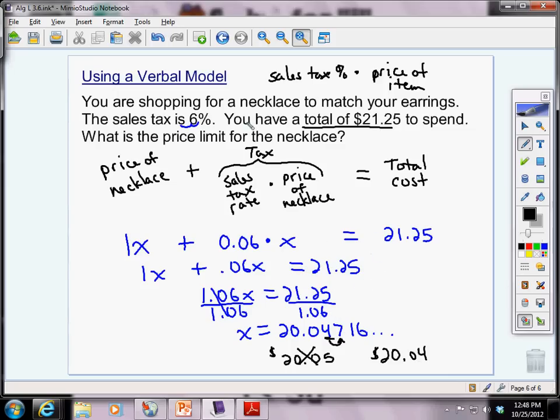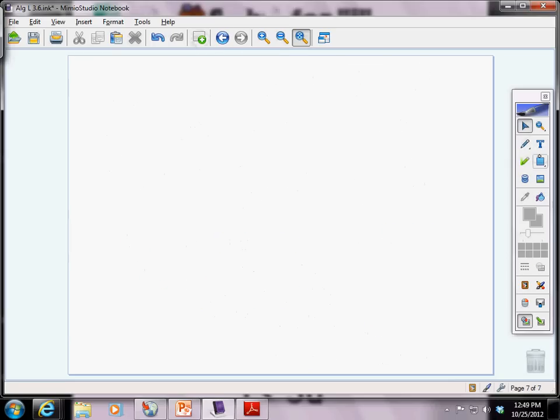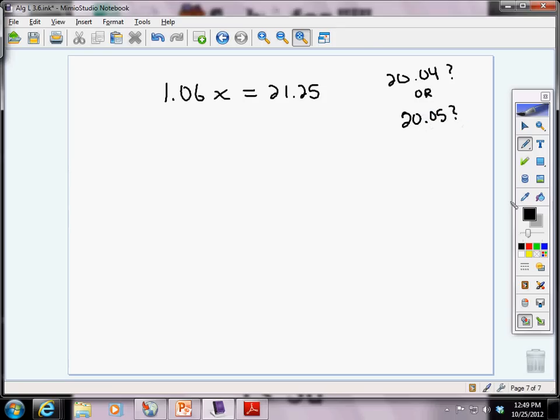Let me show you what I mean. Let's take our equation, I'll just rewrite it. Remember, it was 1.06 times x has to equal 21.25. And we're debating, should we say we have $20.04 or round it correctly and get $20.05?